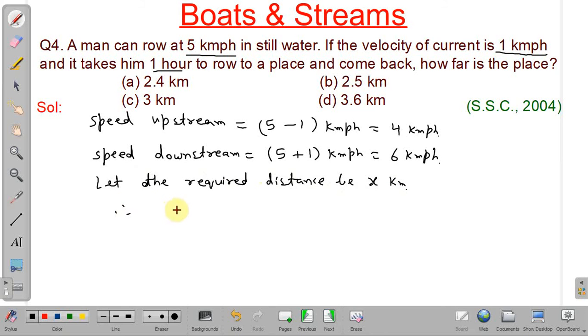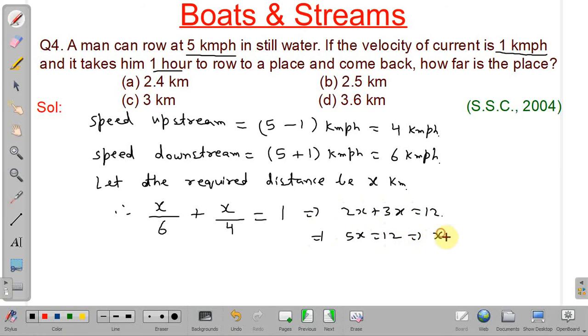Therefore, to travel downstream, time taken will be distance divided by downstream speed 6, and to travel upstream, distance divided by upstream speed, that is 4, and the total time given is 1 hour. Okay. So solving this, we can find the value of x. LCM will be 12. So 2x plus 3x equal to 12, and from this we will get 5x equal to 12. So x will be equal to 12 by 5, that is 2.4 kilometer.